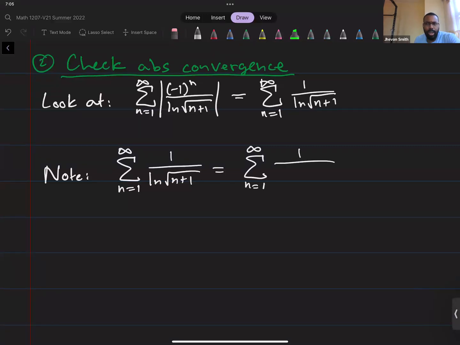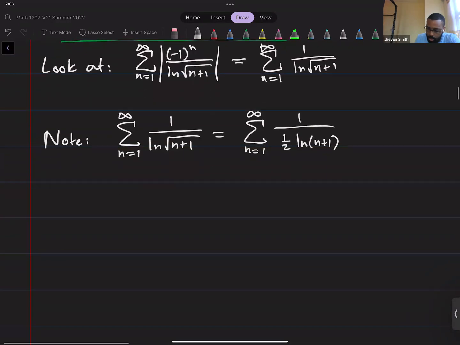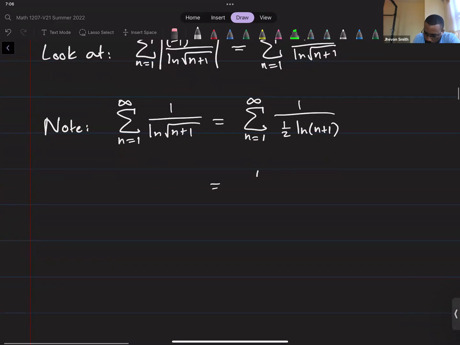The ln of the radical is annoying, but remember, radical just means 1/2 power, and we have a log rule that says if you have a log of something to a power, the power can come down. So I can actually put the 1/2 in front. So that's just this guy.